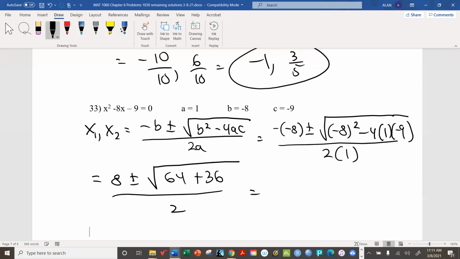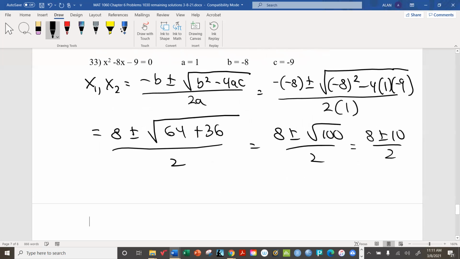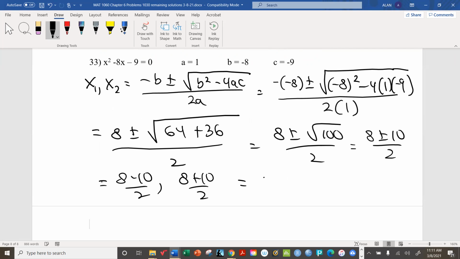Now this one is looking very promising because, oh, look at that. We have 100, the ultimate perfect square. All right, so this one will reduce very nicely to 8 minus 10 over 2, comma, 8 plus 10 over 2, which is -2 halves, 18 halves. And then finally, when we're done, we just have -1 and 9.